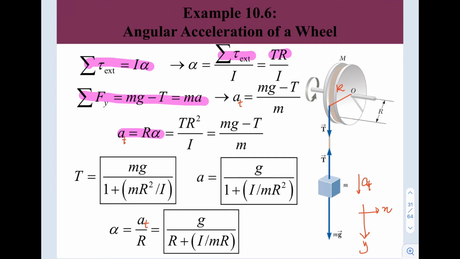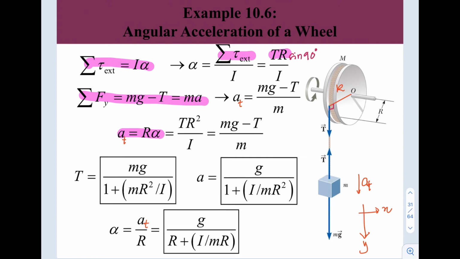So what is the tension T downward like this, and also what is the perpendicular distance from tension to the axis of rotation O, which is the R, the radius of the disc. That is why we have TR. Where is sin theta? Sin 90, because it's already perpendicular. So we have TR sin 90 over I.